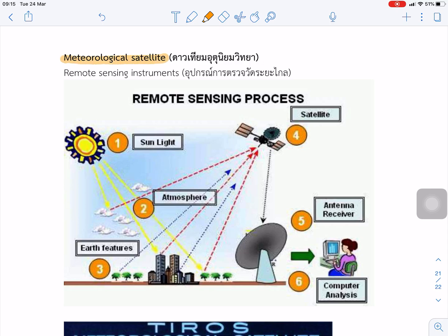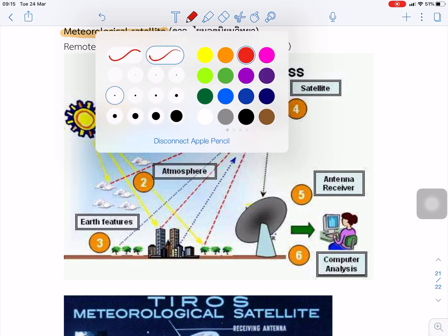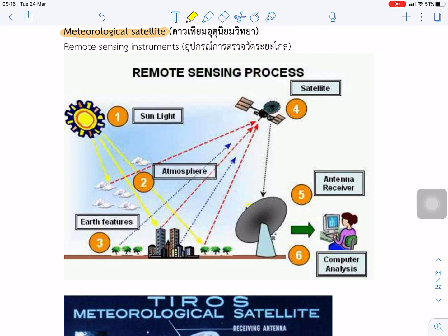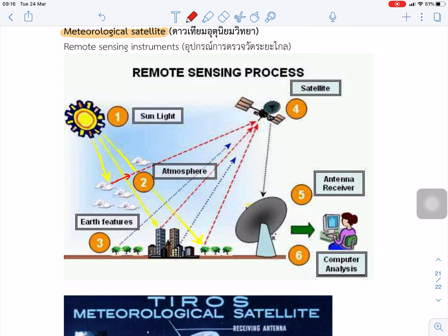In this case, the radiation from the sun reflects off the cloud.